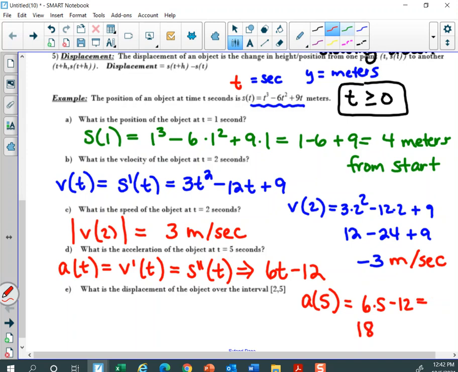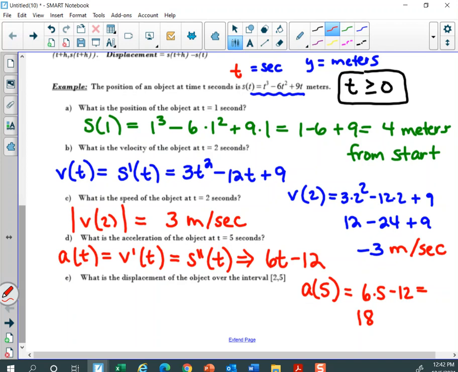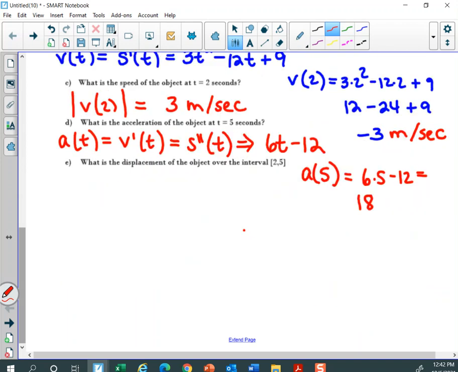And it is how the velocity is changing per second. So it is 18 meters per second, or 18 meters per second squared.